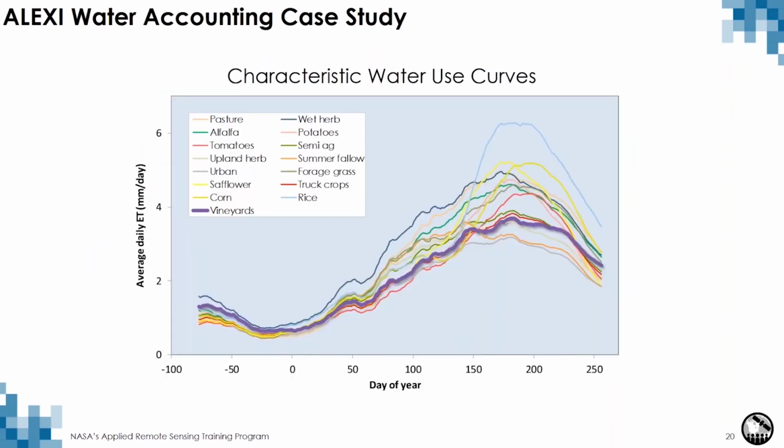And then we can do something like this where we actually can use over the season, understand when crops use the most water. I think this is an interesting thing. You get this peak in the rice crop where it's using a lot more water than other crops. But ultimately, you get a sense of how much water is being used to produce a certain amount of food.